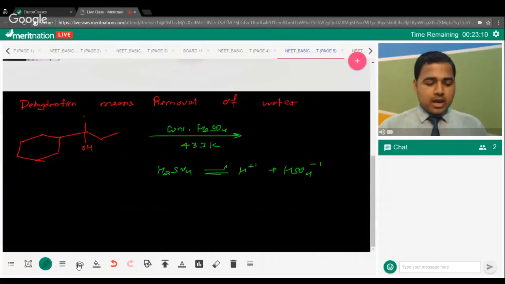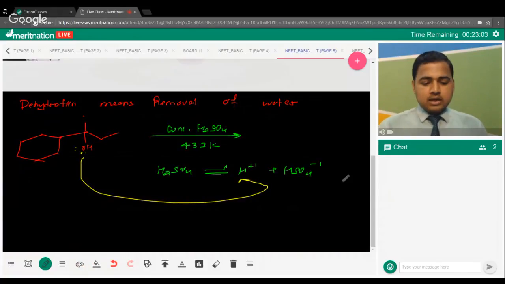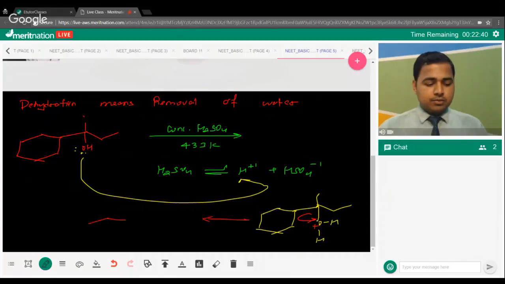This H plus comes to the lone pair of this oxygen, and it will form the protonated alcohol, with OH2 plus. So this oxygen will get the positive charge, so it wants to leave. It leaves along with this hydrogen from this carbon, and this will be a carbocation.